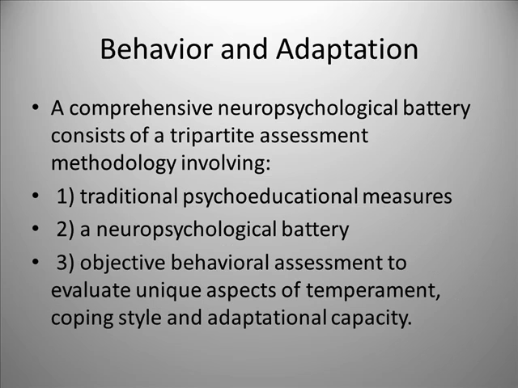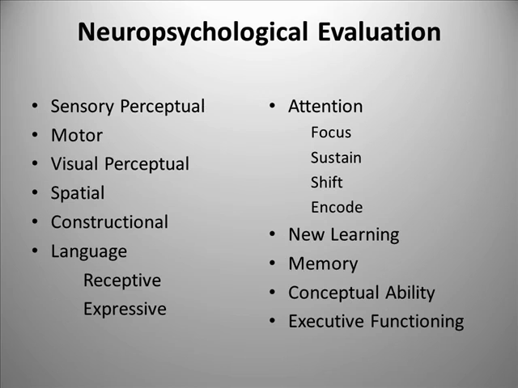A typical neuropsychological evaluation is going to involve the things the school psychologist would do: IQ, achievement, a neuropsychological battery, and to address comorbidities, measures of temperament, coping style, adaptational skills. So it's against these dimensions that we are literally going to explode the IQ. We're going from 4 factors to more factors than you want to count.